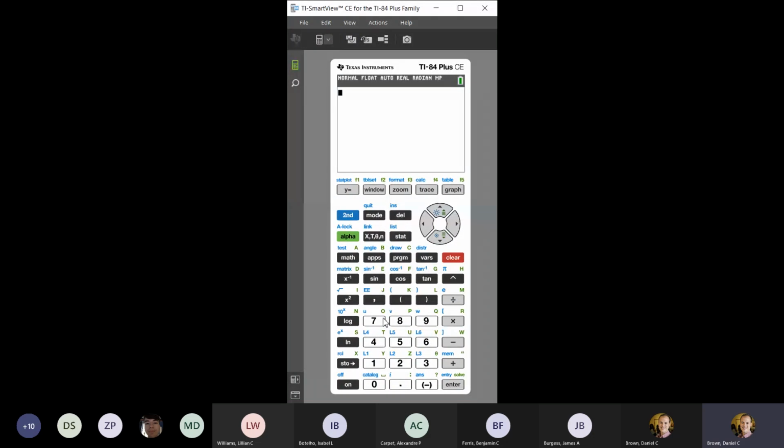So there's my calculator. It's probably really small on your Surface. I am in radian mode, and I am going to use this to evaluate my integral. I'm going to hit math 9. This is the integral from 4 to 1. Again, the order matters.